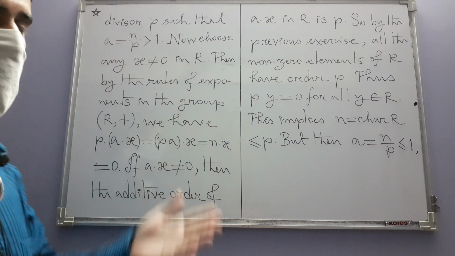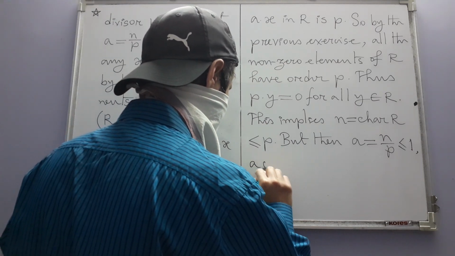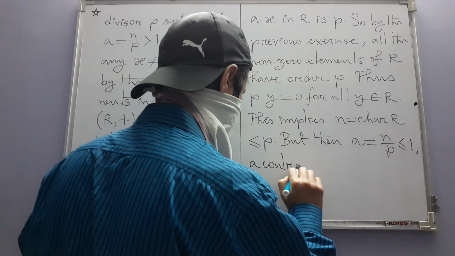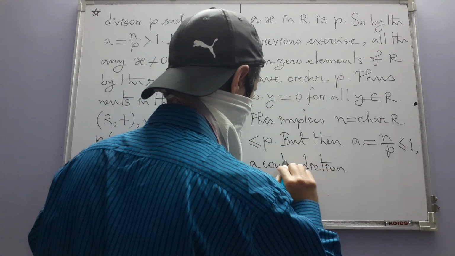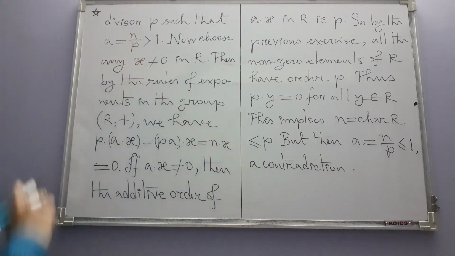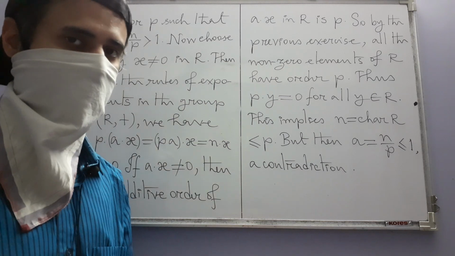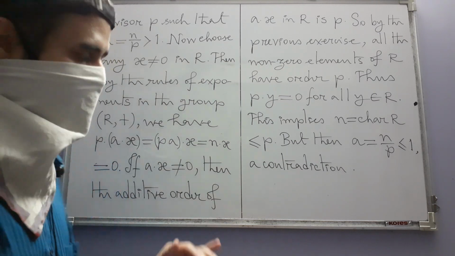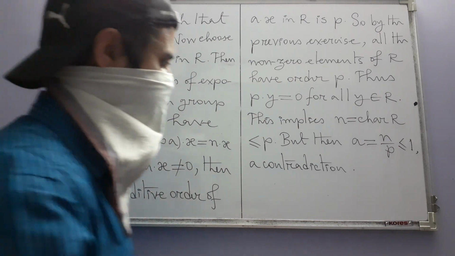This one tells us that A has to be greater than 1, a contradiction. A contradiction to this. So that means this case actually does not arise. It's not a possibility. We must have A dot x equal to 0.